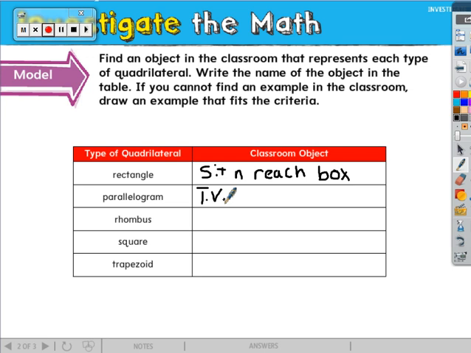It does not have to have 90-degree angles, though. So a rhombus can be shaped like a diamond. These angles don't have to be 90 degrees, but all the sides have to be the same length, and they have to be parallel to one another.